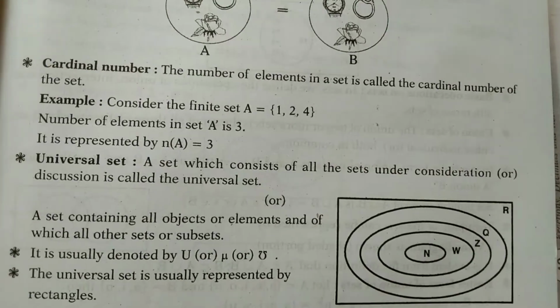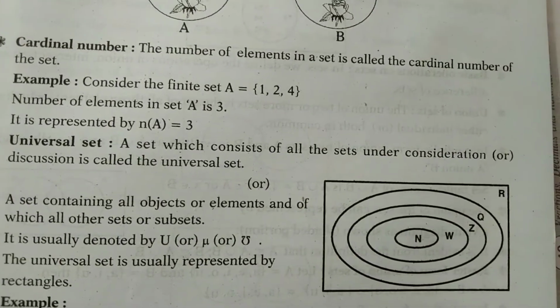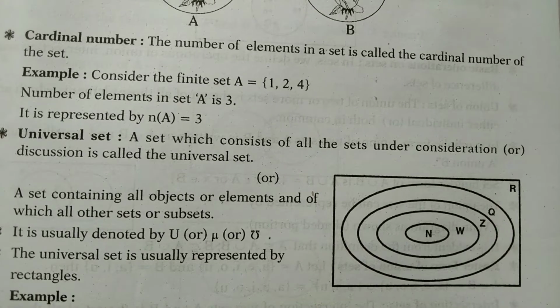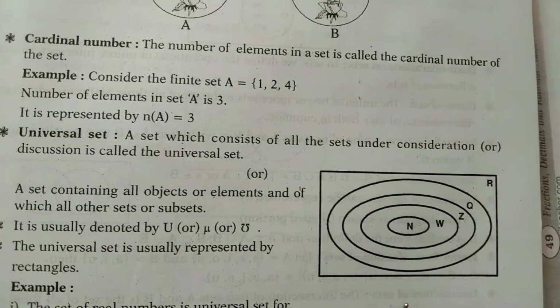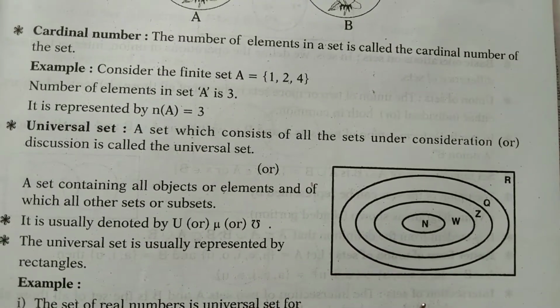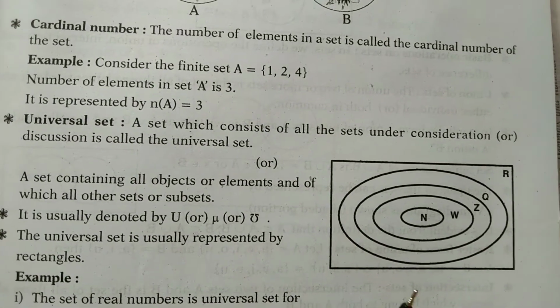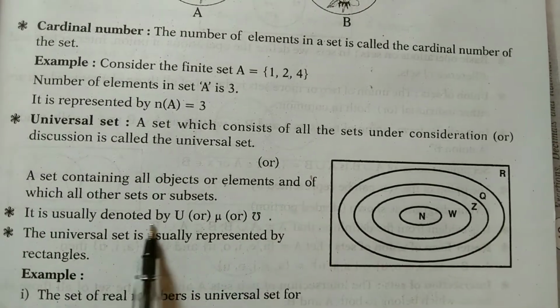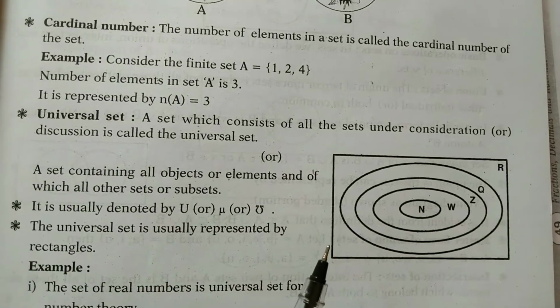The next one is universal set. A set which consists of all the sets under consideration, under discussion, is called the universal set. It is a set containing all objects or elements of which all other sets are subsets.